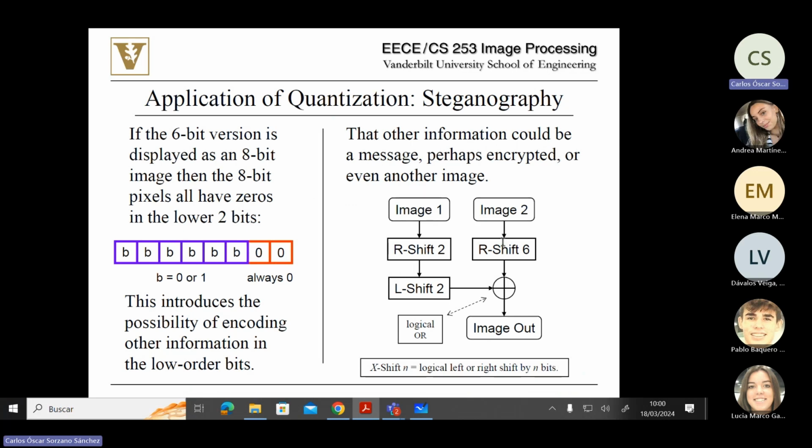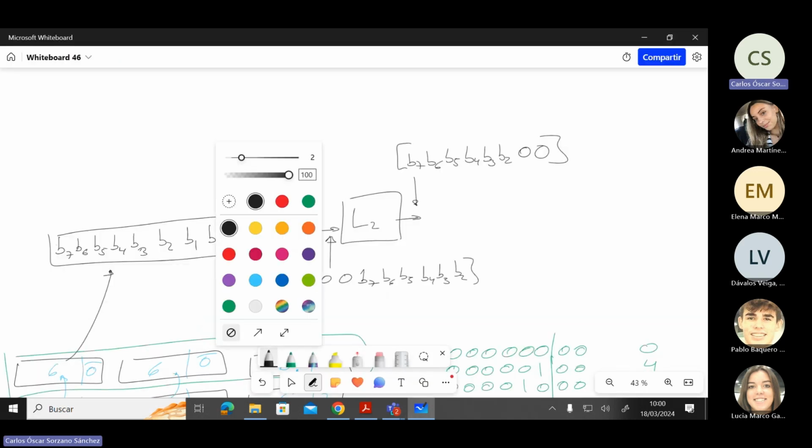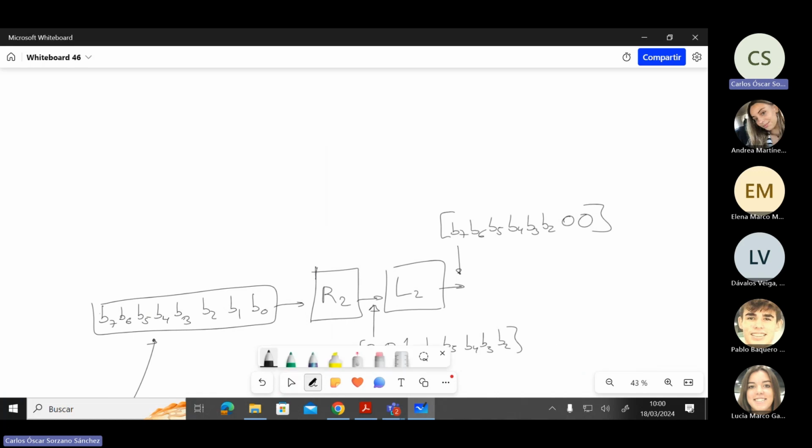Okay, now this branch. Now instead of 1 image, we will have 2 images. For the second image, we do a right shift by 6 bits. So we have another image, image 2, and then we have the 7, 0. We do a right shift by 6 bits. We have here 0, 0, 0. Just the first 2 bits have shifted to the right.